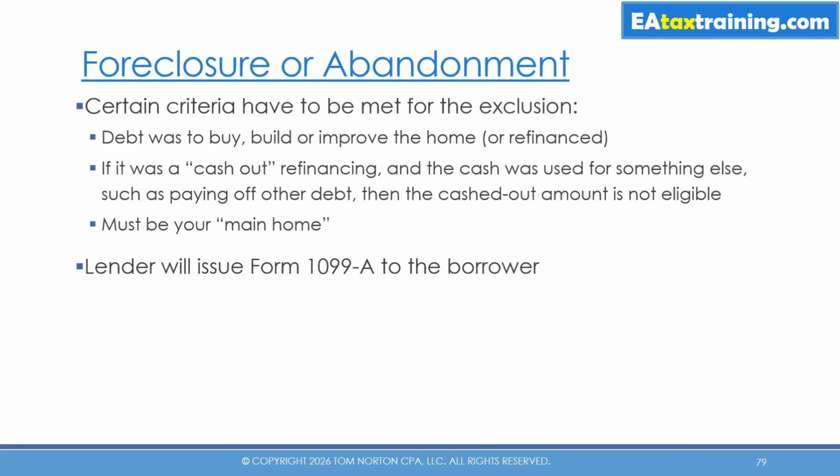If it was a cash out refinancing and the cash was used for something else, such as paying off another debt, then the cashed out amount is not eligible for the exclusion. And then also, this does have to be your main home. So it has to be your primary residence. If you have this situation, you will get a 1099-A from the lender.